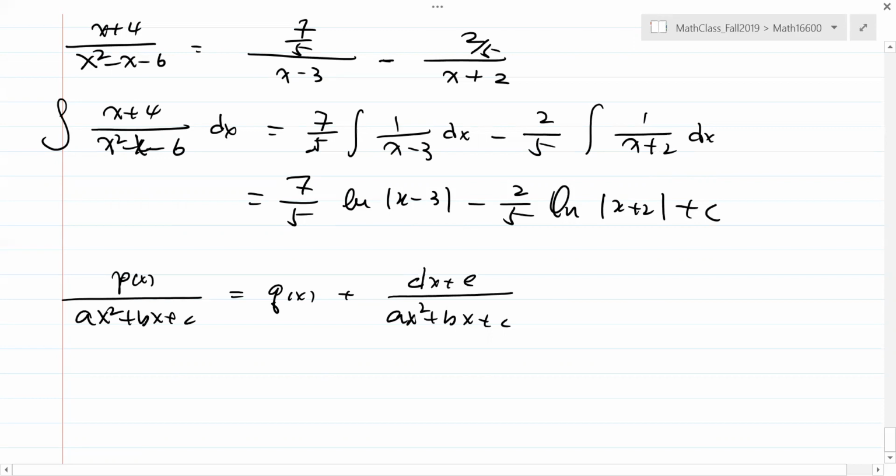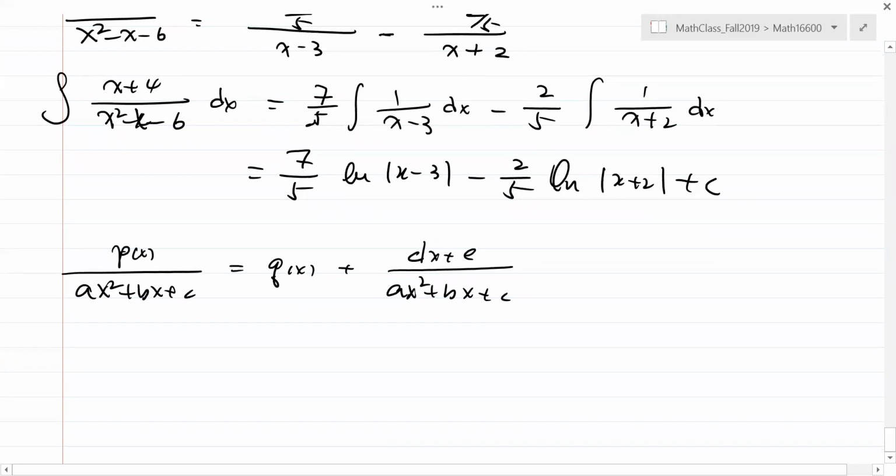If you cannot factor it, then you just use a substitution. So there are two types of them. If you can factor it, then you have two options.